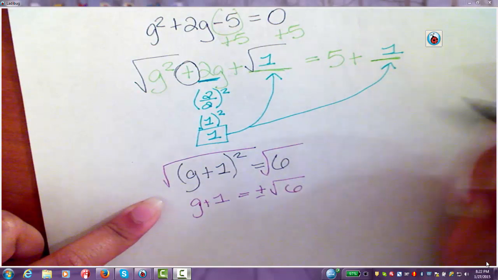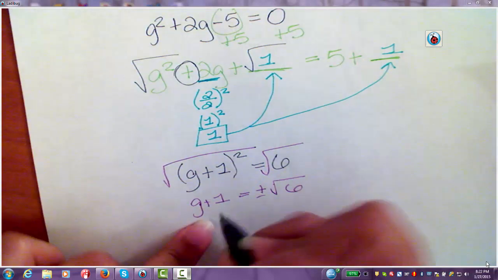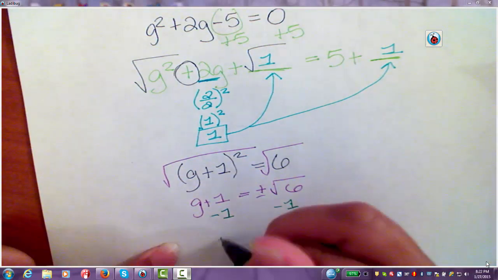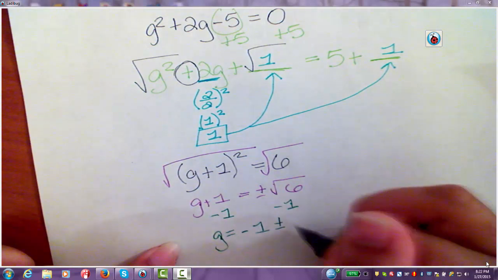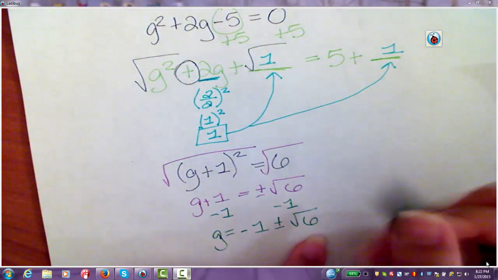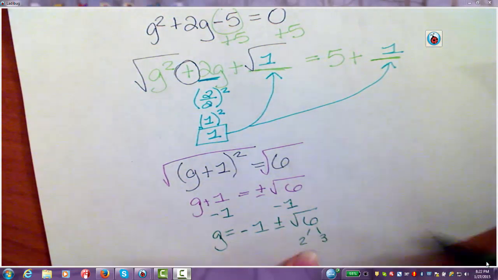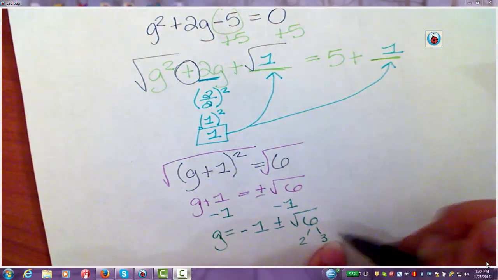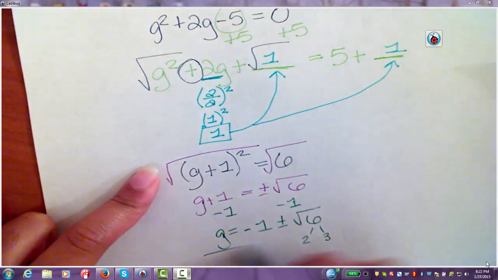So now we subtract 1 from both sides, and we get that g equals negative 1 plus or minus the square root of 6. To see if we can simplify the square root of 6, we write out the factors, so 2 and 3. Can't break 2 down anymore, can't break 3 down anymore. We don't have a group of 2 to pull out, so this is our simplified answer.